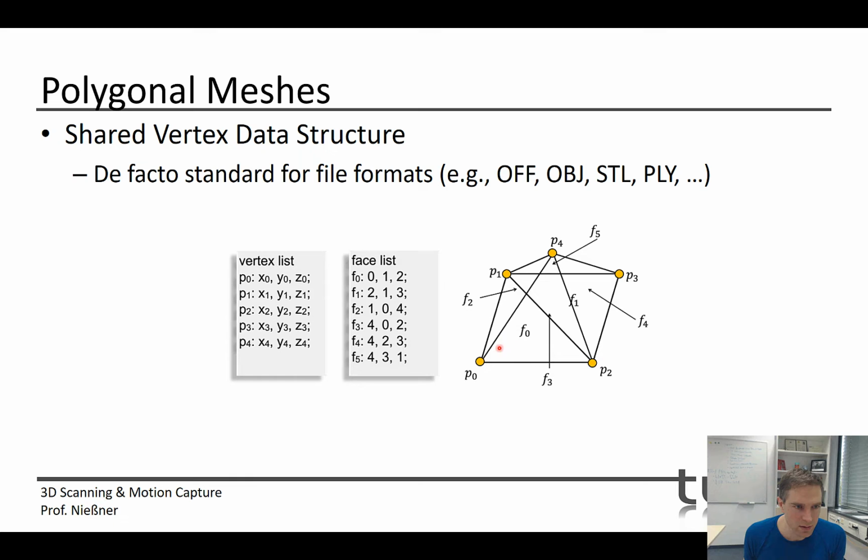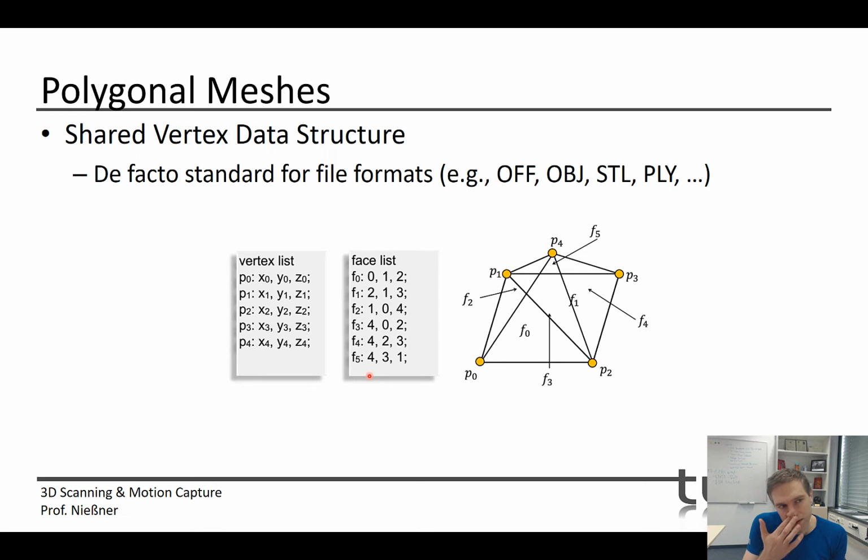So what it does is it connects vertex 0, 1, and 2. It's that one, and that one. These are forming a triangle. And then the next face is the other face at the base of the pyramid. That's this one here, and so on, right? And this way you can define your polygonal mesh by simply storing a vertex list and a face list.